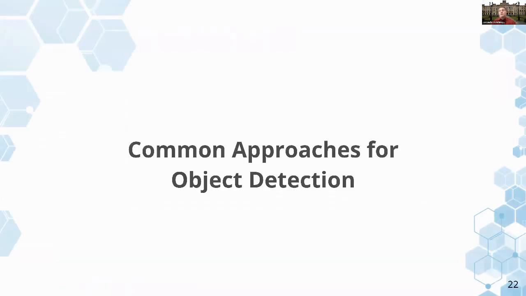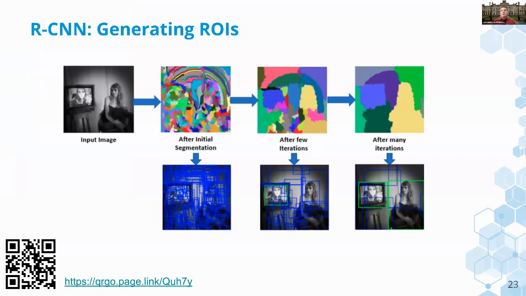Okay, now that we're familiar with object detection fundamentals, let's move on and review how deep learning object detection models emerged. We will start from one of the most popular deep learning based object detectors, which is called R-CNN. It consists of two simple steps.